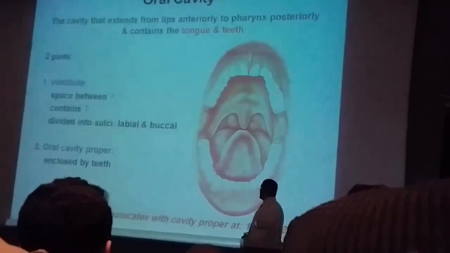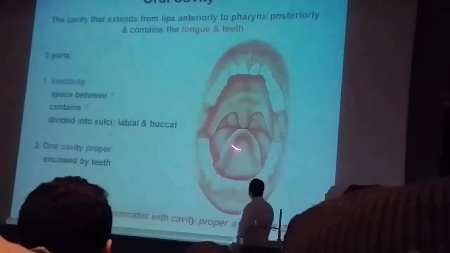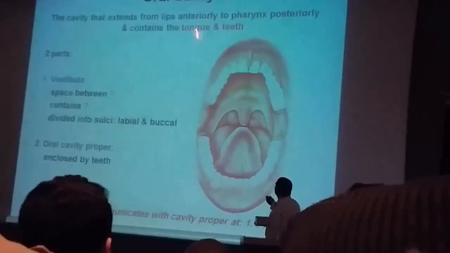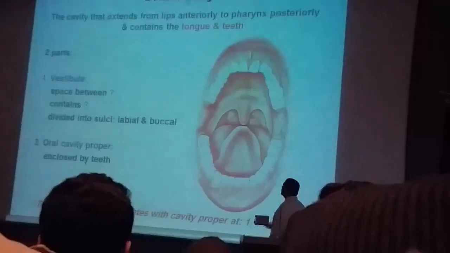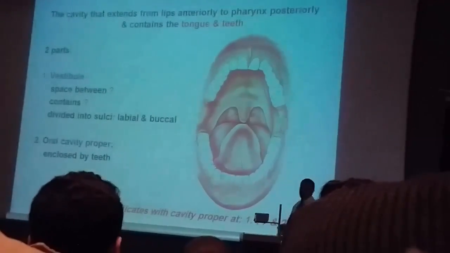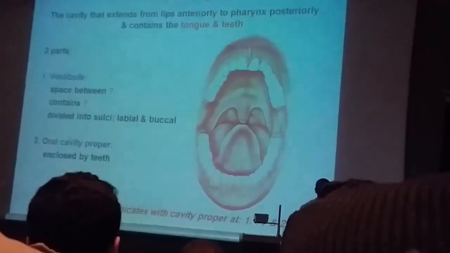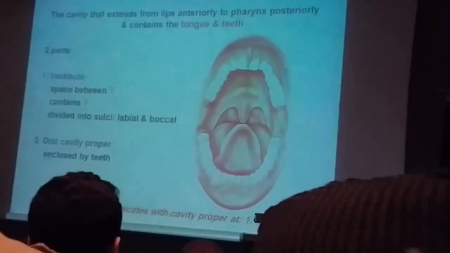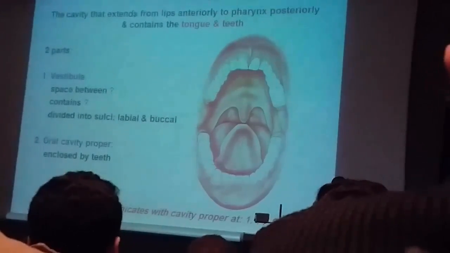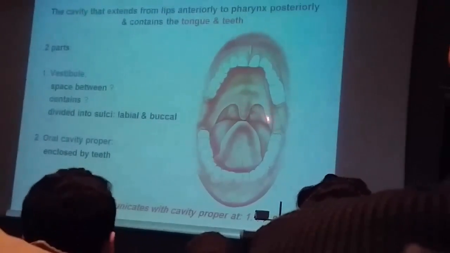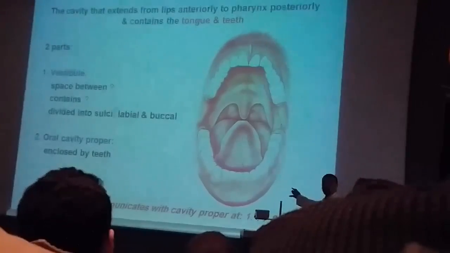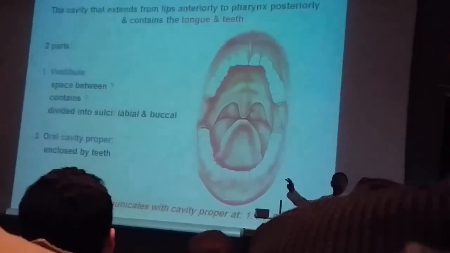So now, what lies behind the oral cavity? It extends from the lips anteriorly to, more specifically, the oropharynx posteriorly, and it's open to the oropharynx through a small passage, which we can see here. The oropharyngeal isthmus.